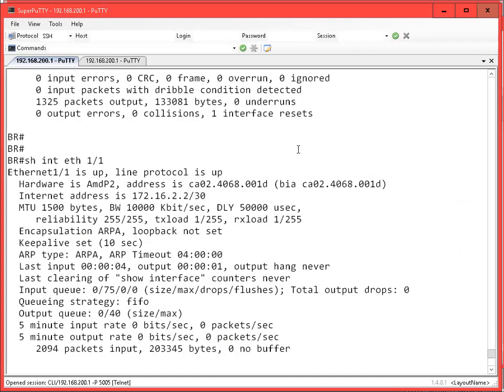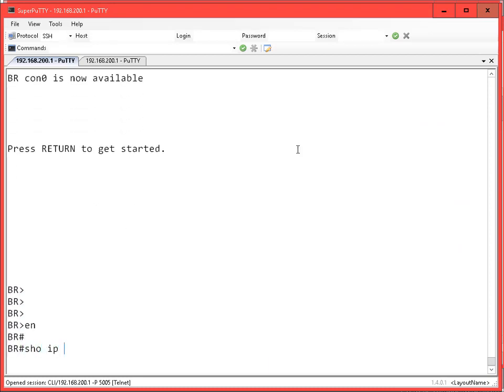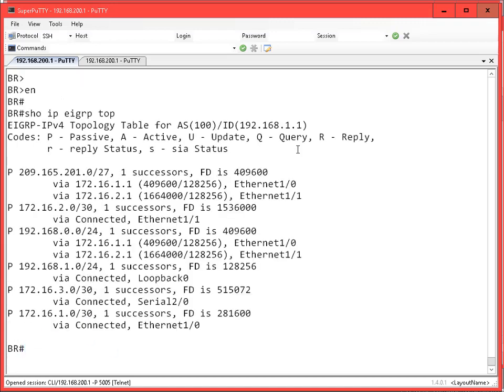If I go into my topology database, I should see that as an option, show ip eigrp topology. Because remember, the topology database includes not only the best path, but the second best path, the third best path, and so on. And sure enough, there it is, 1,664,000. All right, there's our best path, there's our second best path.